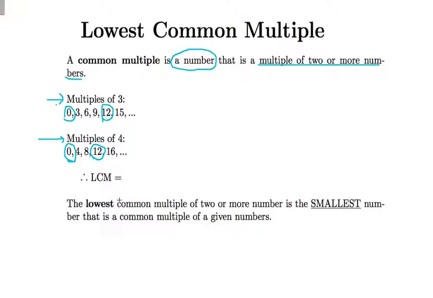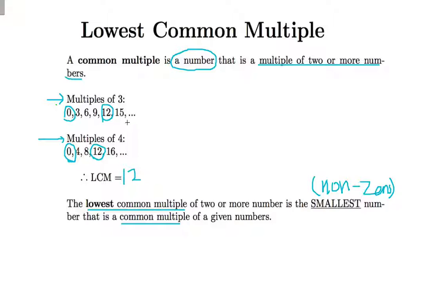Our objective here today is to find the lowest common multiple. The lowest common multiple of two or more numbers is the smallest number that is a common multiple of the given numbers. It must be a non-zero number, this is very important. What is common between them is 12, which is the lowest one.